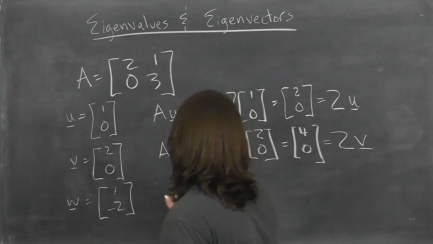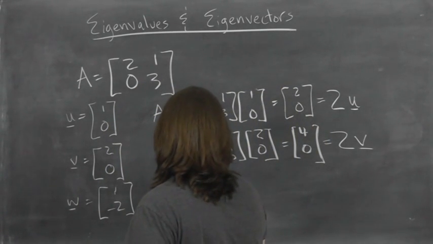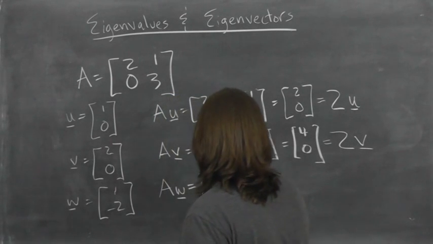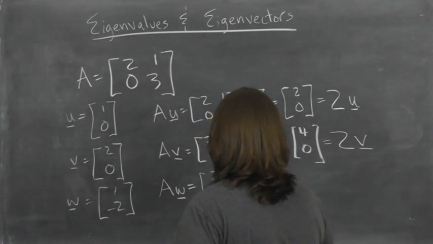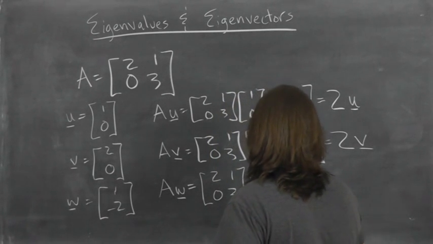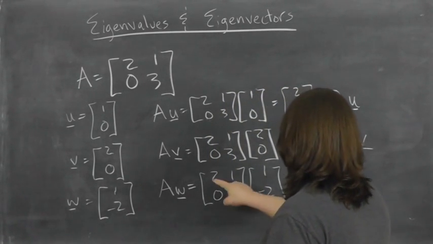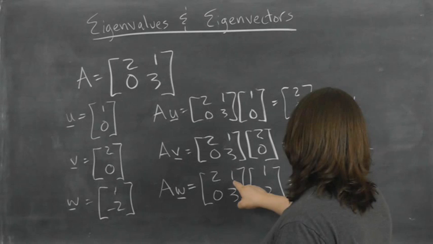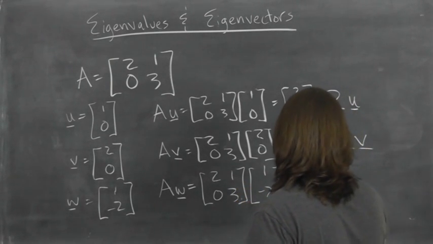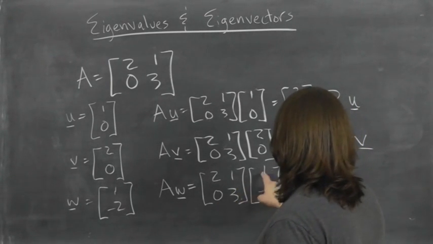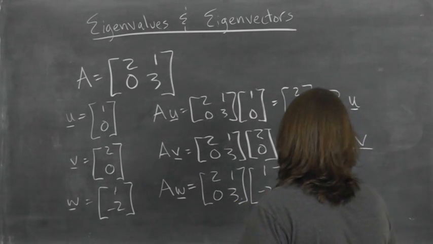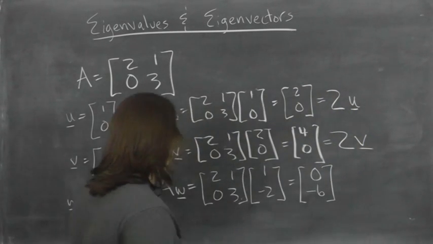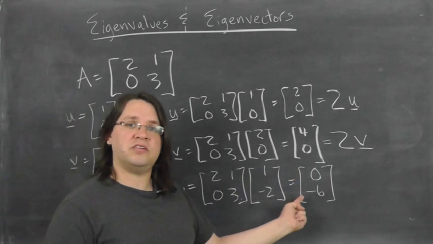OK, now let's compute A times w. So 2 times 1 plus 1 times minus 2 is 0. 0 times 1 plus 3 times minus 2 is minus 6. So A times w is 0, minus 6.